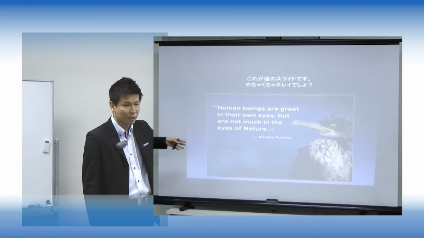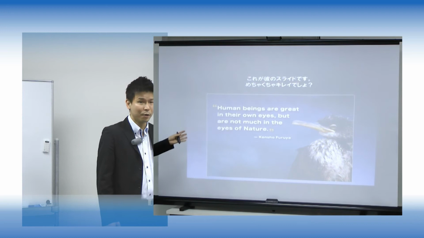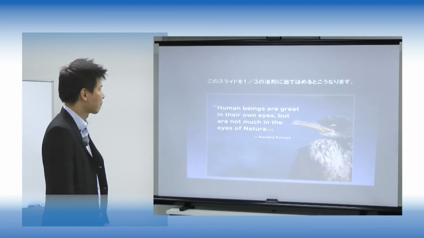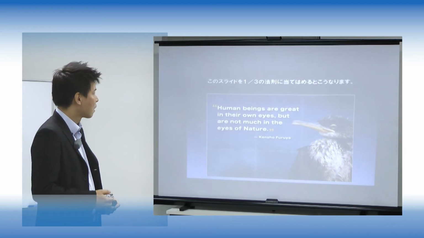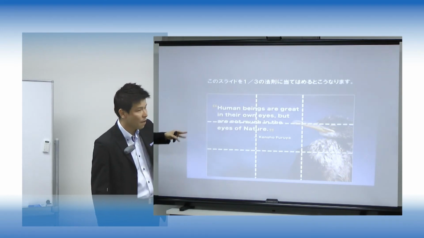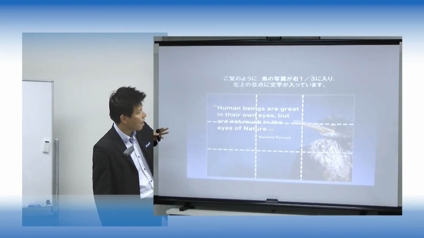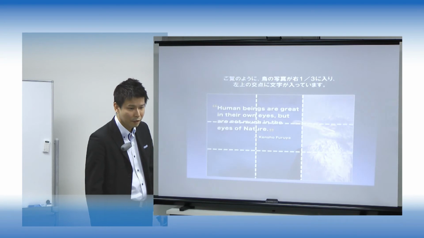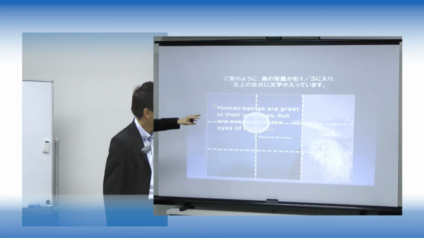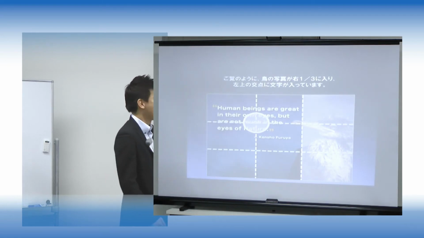This is one of his slides. Doesn't it look beautiful? Let's apply the 1/3 rule to this slide. Okay, as you can see, the slide has a bird image in the right 1/3 area, and text at the intersection of the top left.